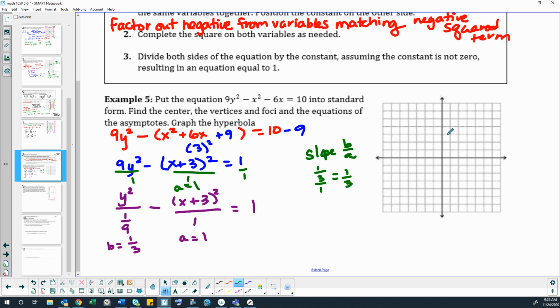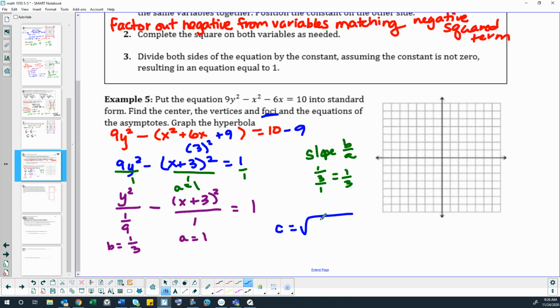Alright, now graphing 1/3 is not going to be easy, so I don't know if we want to count by 3s, so that every 3 squares equals 1. We can do that. The other thing we should do really fast is find c. I don't know if we really need c because it doesn't ask. Oh, it does. Find the foci. Okay, so we are finding it, but it's not important to the graph.